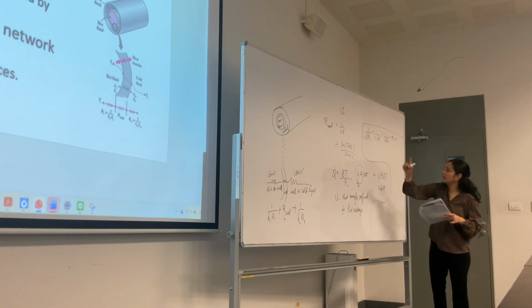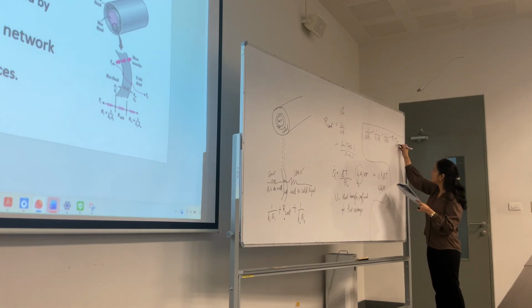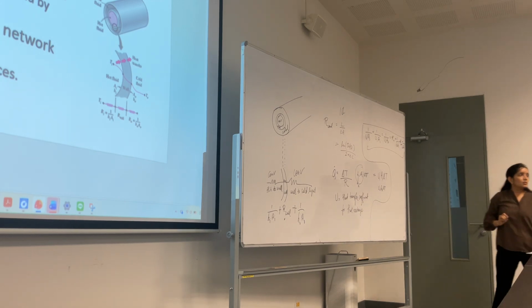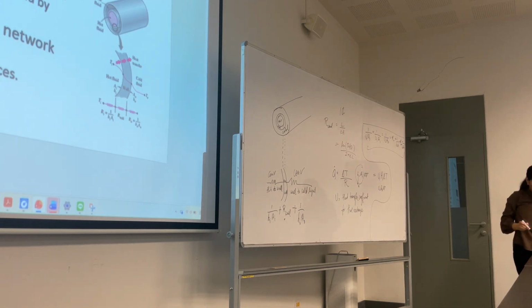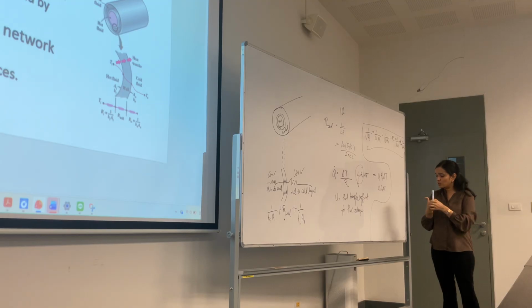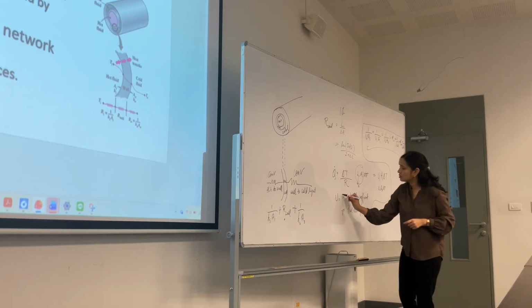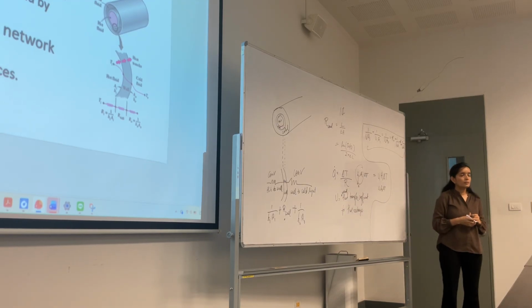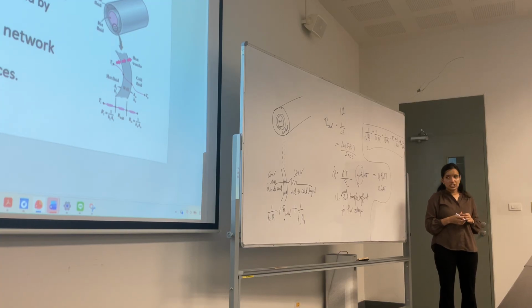And the resistance in that case is 1 over HI AI plus R wall plus 1 over H naught A naught. So this is called overall heat transfer coefficient. U is overall heat transfer coefficient of a heat exchanger.